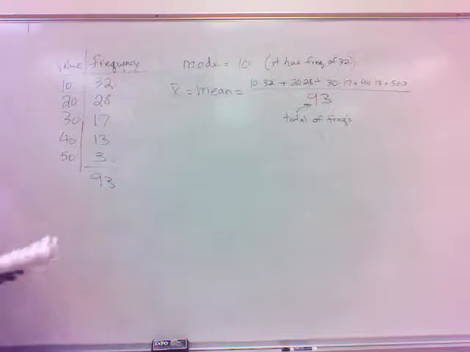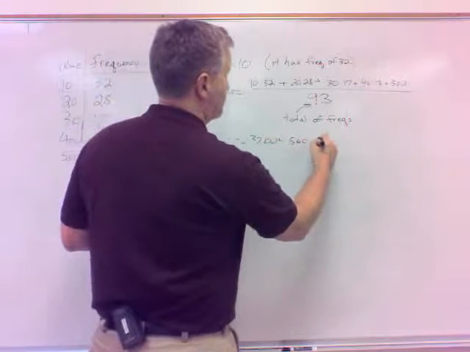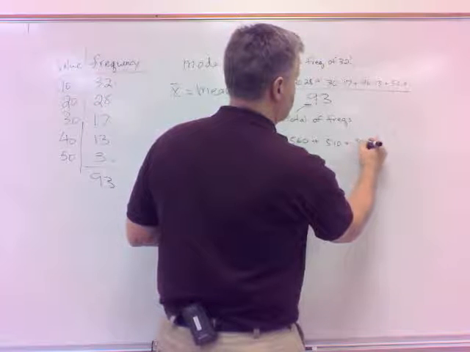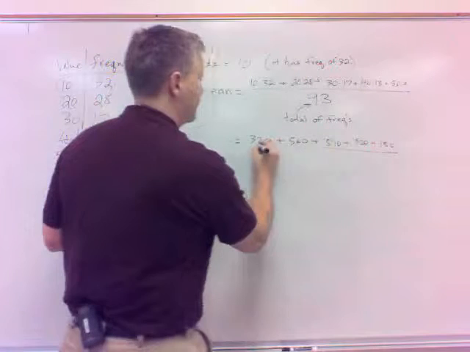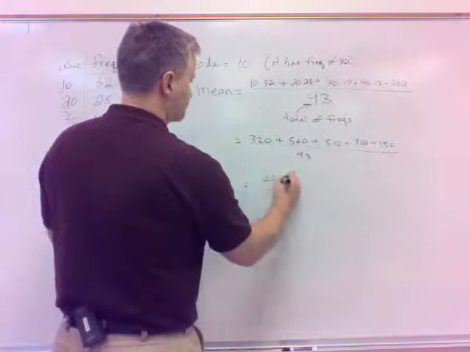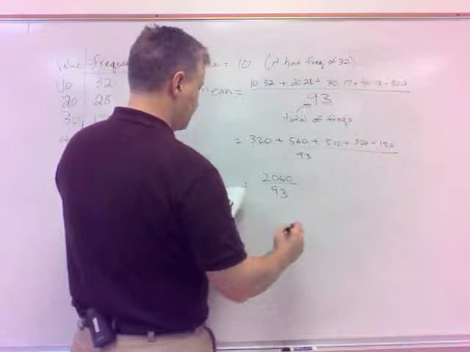So now, if I multiply those together, what do we got? 320, 560, 510, 520, and 150, I believe, divided by 93. 320, 560, 510, 520, 150, 2060 divided by 93, 22.15.